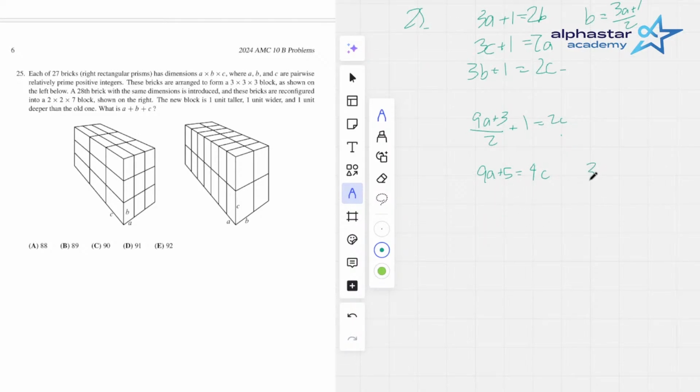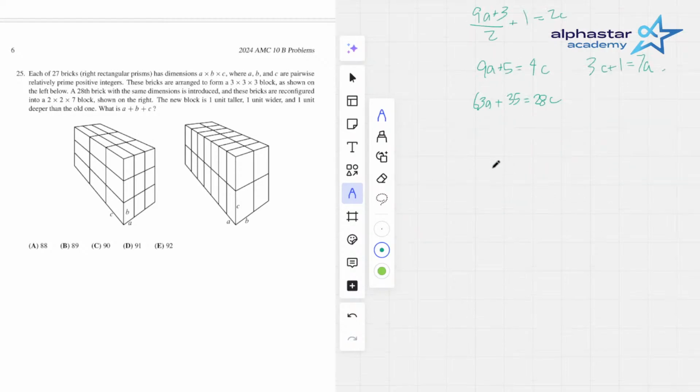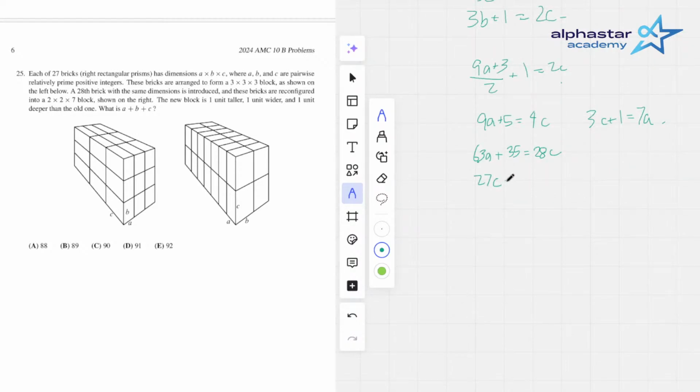And we also know 3c plus 1 equals 7a. Let's just multiply this by 7. 63a plus 35 equals 28c. This is 27c plus 9 plus 35 equals 28c. C equals 44.